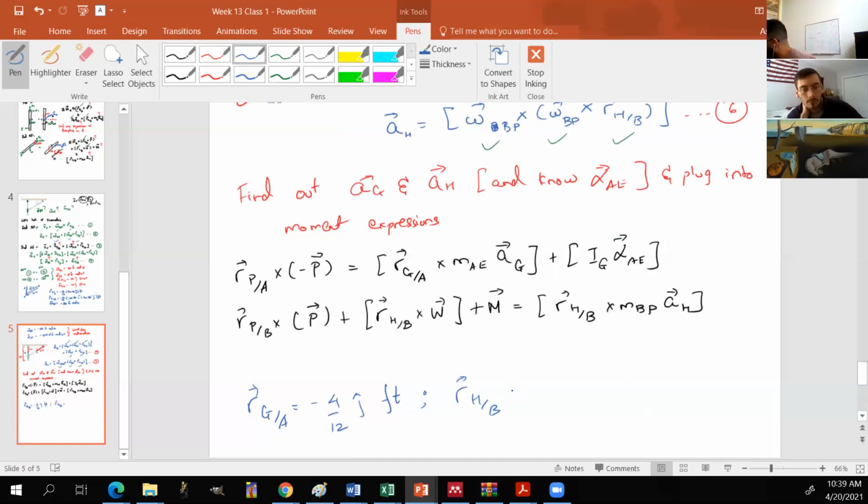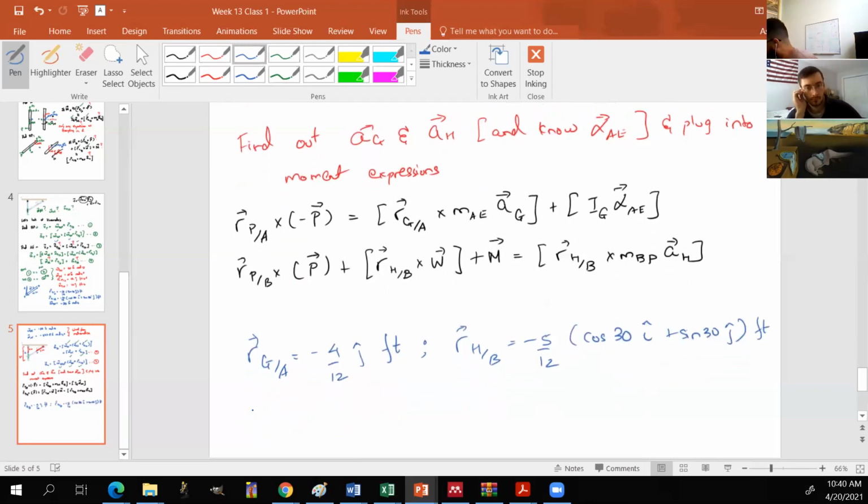So you get minus 5 over 12 times cosine 30 i hat plus sine 30 j hat. That's going to be feet.